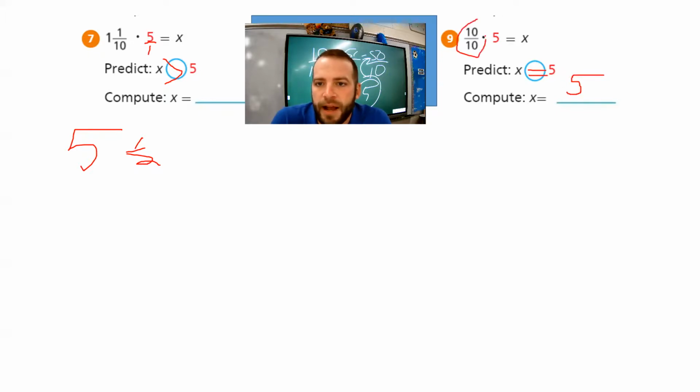This is why I said your mind was going to get blown. Remember when we used to have like 1/2 plus 1/4, and we want to change it into fourths, and we say let's multiply it by 2, and then do it to the bottom, do it to the top, to find the equal fraction?